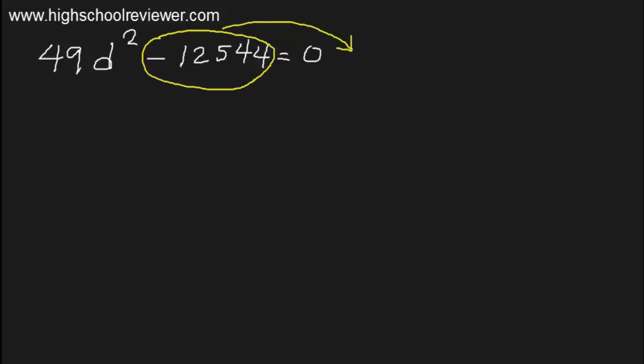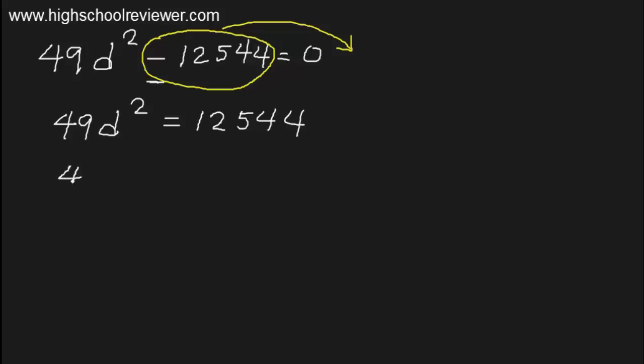So transposing, what will be left on the left side will only be 49 d squared. And if we transpose negative to the other side, this will become positive 12,544. And to find the value of d, we need to cancel out 49 from 49 d squared.